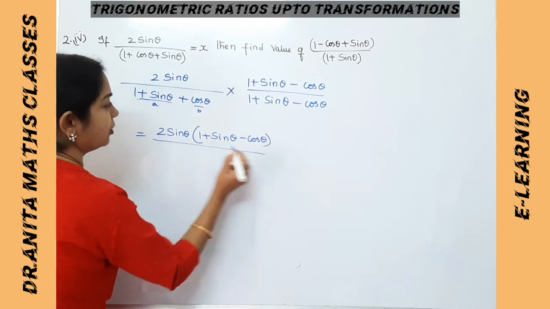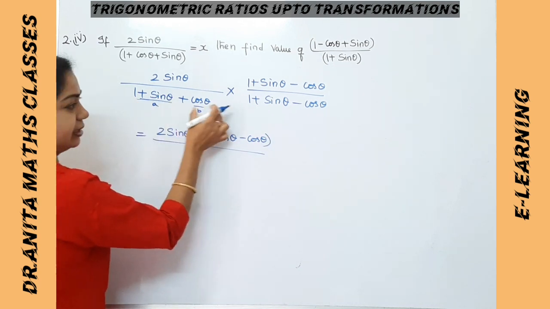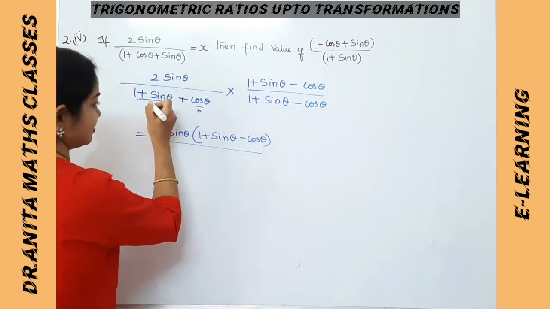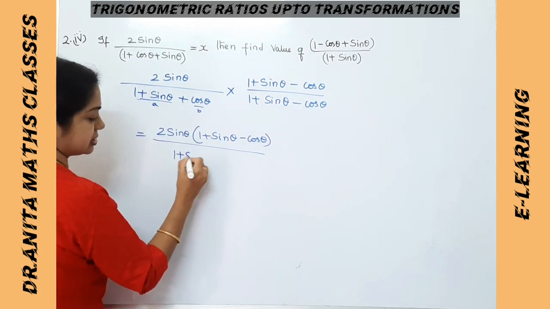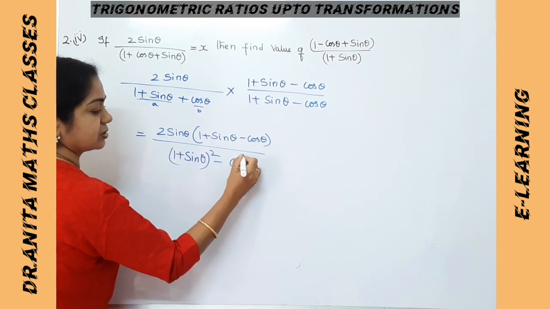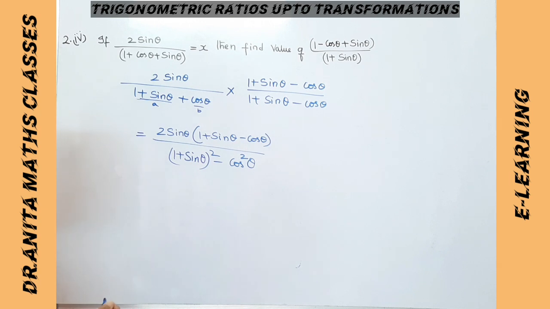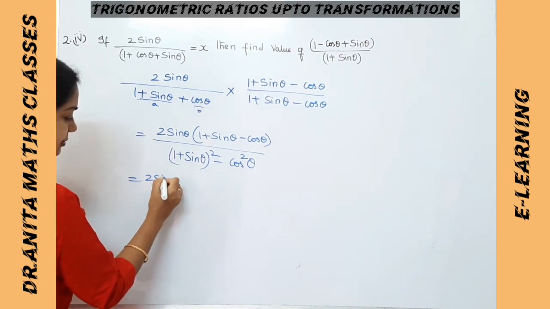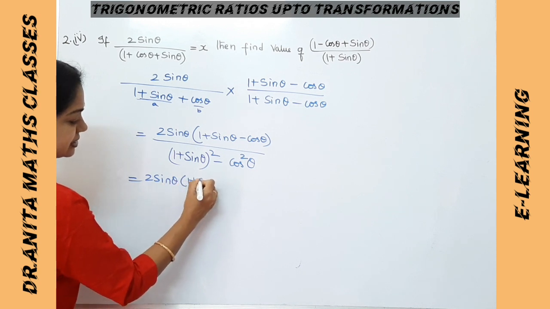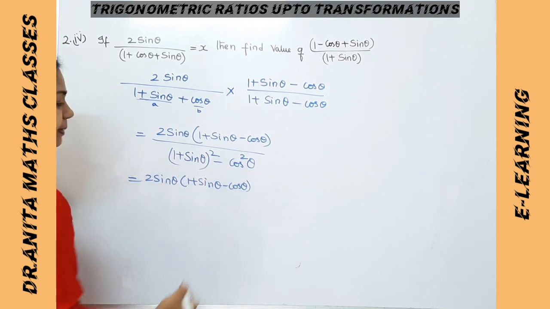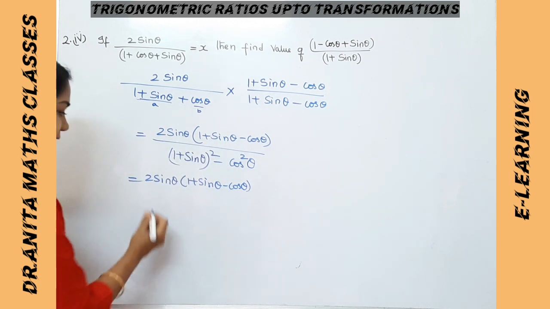Right. Now the below one, a plus b, a minus b, that clearly is a square minus b square. So a square is 1 plus sine, this whole square, minus b square, which is cos square theta. Now the numerator is 2 sine theta, 1 plus sine minus cos. Now the denominator part, a plus b whole square, I'll expand it.